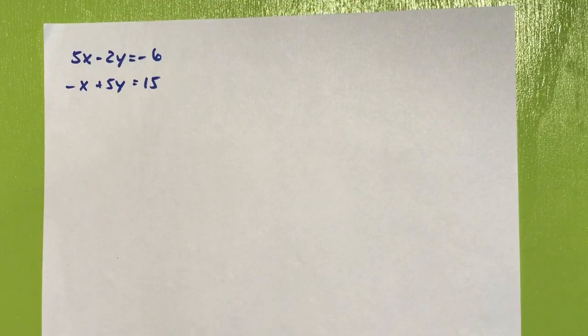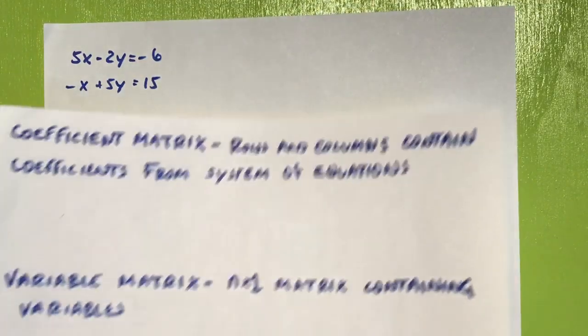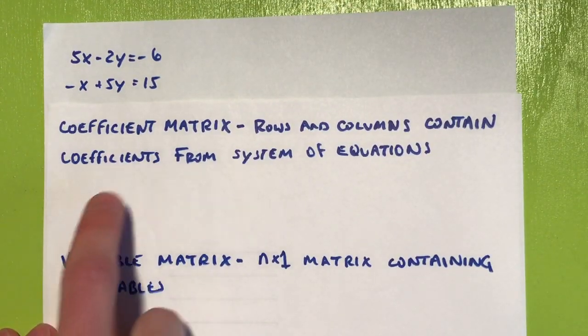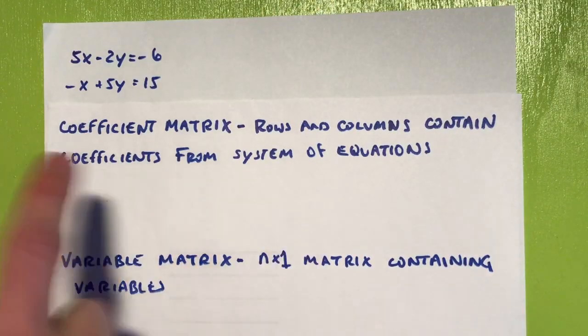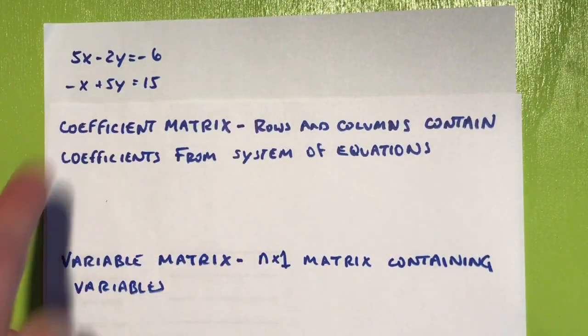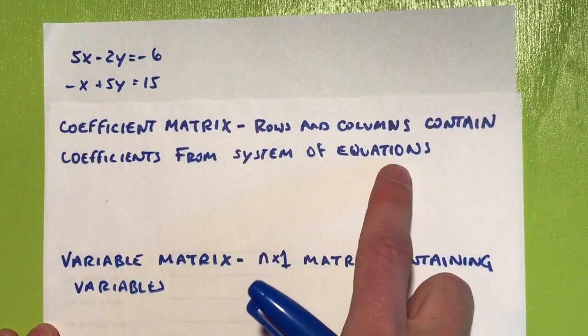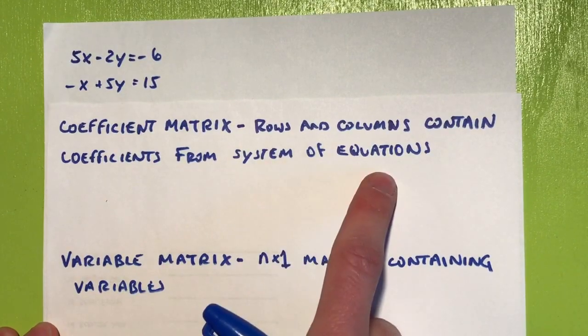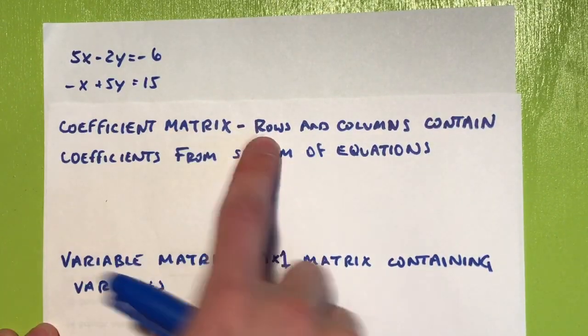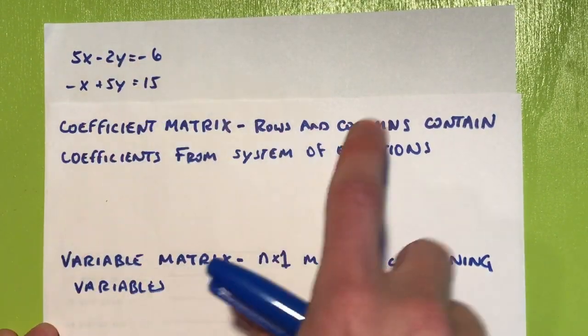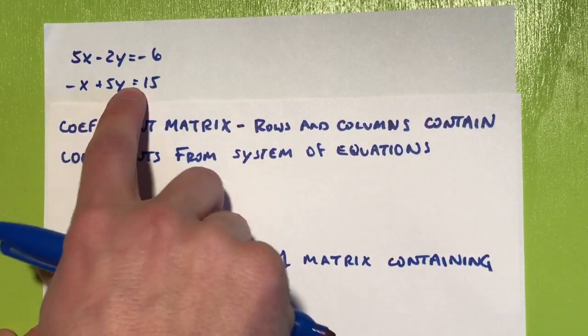Now, definitions that we need to get. First, we're going to have what's called a coefficient matrix. We're going to take the coefficients from our system and enter them into a matrix. The coefficient matrix has rows and columns containing coefficients from the system of equations. The first row is going to be the first equation. The second row is going to be the second equation.